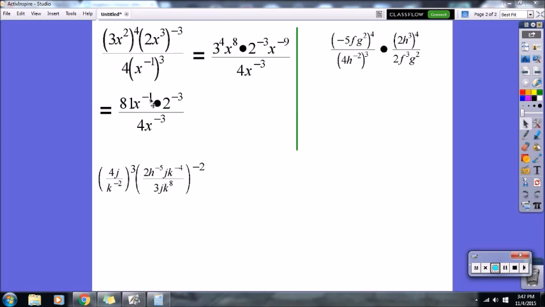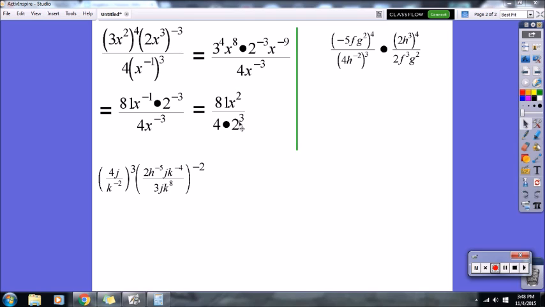I'm going to do negative 1 minus negative 3. That gives me negative 1 plus 3, which is 2, leaving me with x squared. Since that is a positive exponent, it'll be written on the top. Then I'm going to move the 2 to the negative 3 down to the bottom to make that exponent positive. My resulting expression would be 81x squared over 4 times 2 cubed.